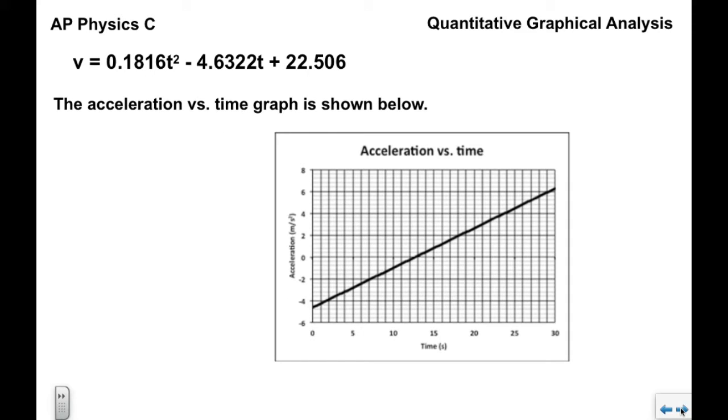The acceleration versus time graph. Again, we know from the velocity function it stops at t squared. The degree of the polynomial is 2, so there is no additional term, which means that the jerk is constant. We have a straight line. We know the initial acceleration from this term here.